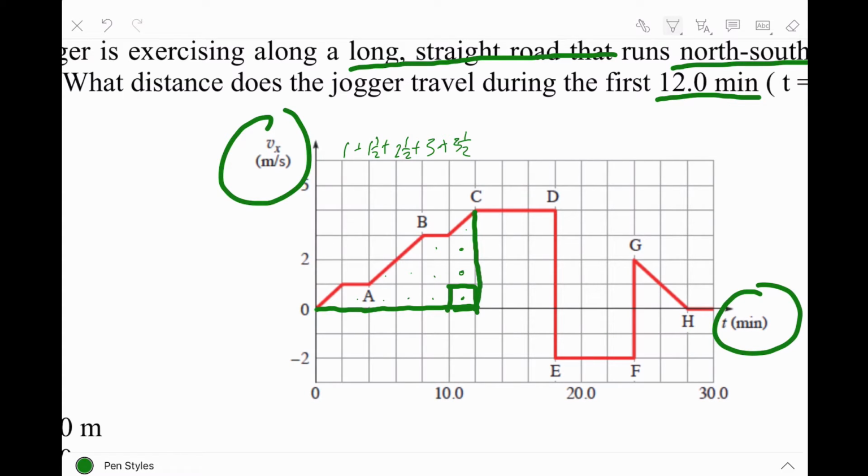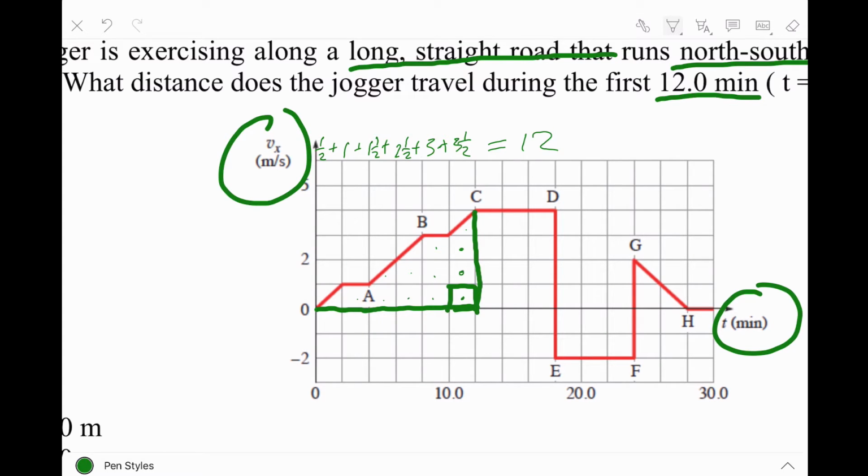And this is half. Once you add, you get all this. Of course, you can use your calculator, or you can use your head. It doesn't matter. So you got 0.5, 1, 1.5, 2.5, 3, 3.5, and 3.5. I think it is 12. You should get 12. So you got 12 squares.